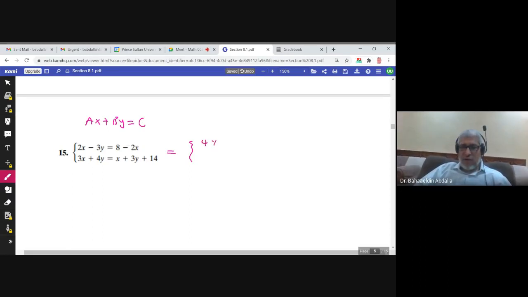You will have 4x. So 4x minus 3y equals 8. And if you take x to the other side here, it would be 3x minus x, so it would be 2x. And 4y minus 3y would be plus y equals 14. So this is the first step here.